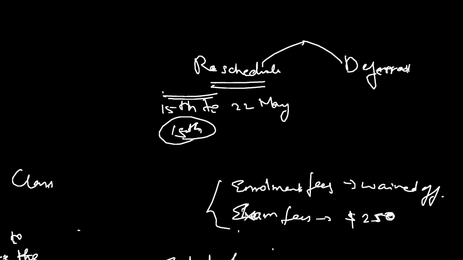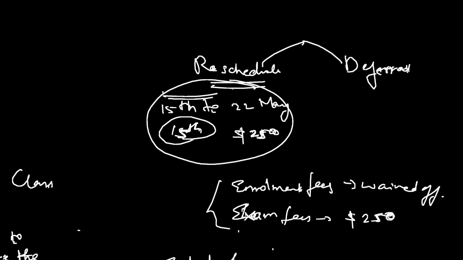Now you want to reschedule for whatever reason, to change the center or the date, within this window only. Then it is called rescheduling. For rescheduling, you will have to pay $250.